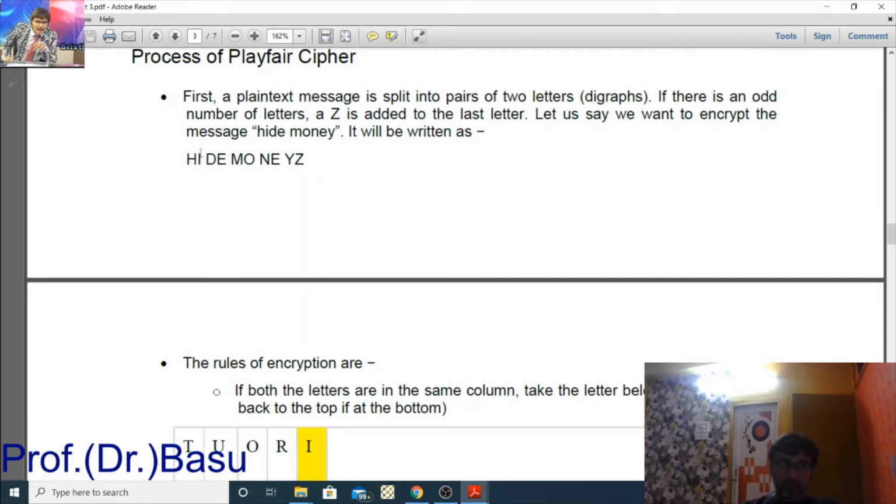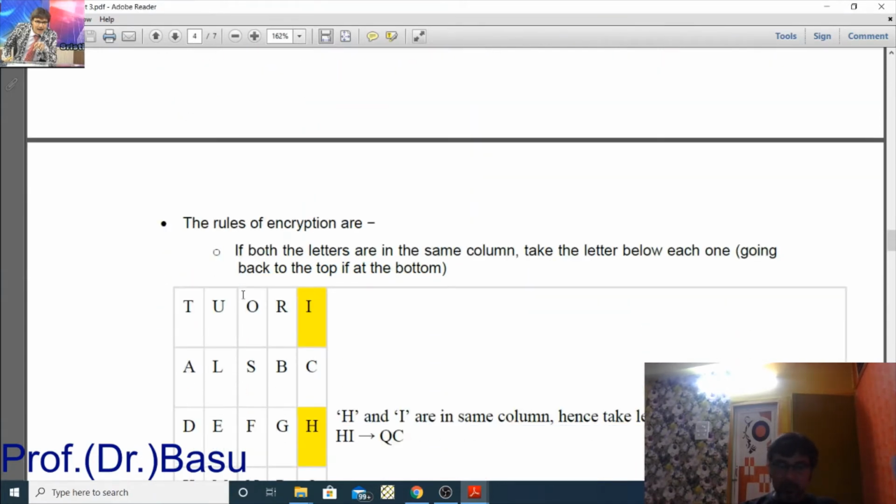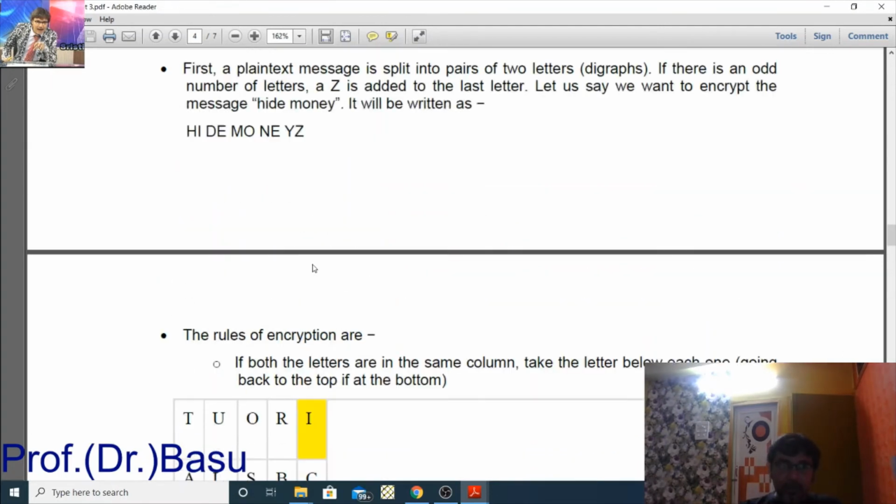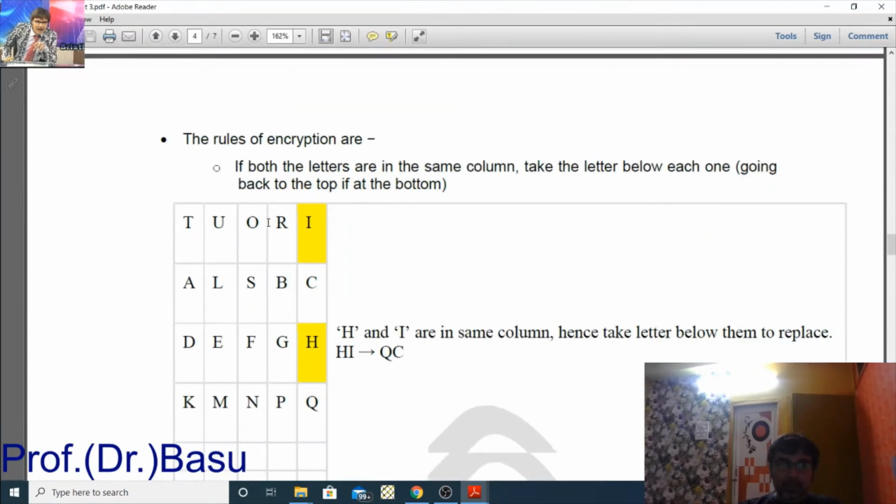So first look at HI. There are 3 rules. If both the letters are in the same column, take the letter below each one, going back to the top if at the bottom. See, we are getting H here, and H and I are in the same column of the matrix.